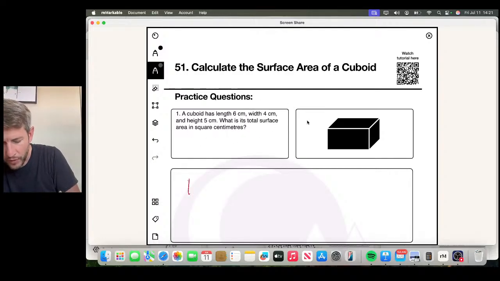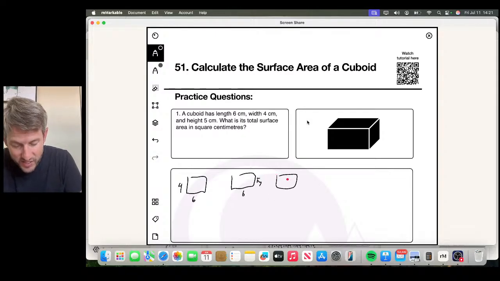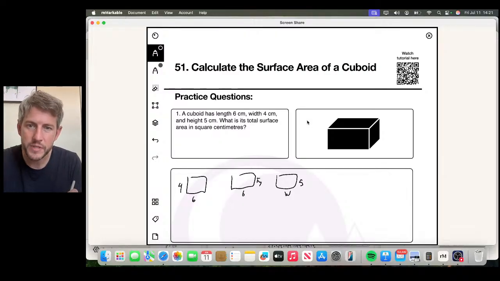We've got the top and the bottom rectangle, the front and the back rectangle, and the two side rectangles. So if we've got length 6 and width 4, we'd then have another rectangle which has the length and the height, which is 5, and then one last rectangle which has the width and the height, so in that case that would be 4 and 5. Basically it's just the 3 combinations of these numbers.